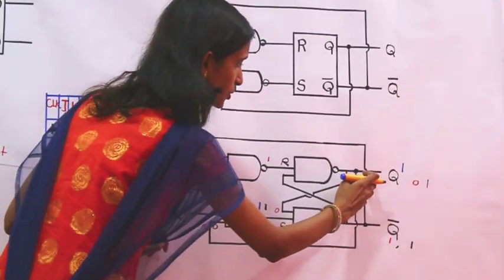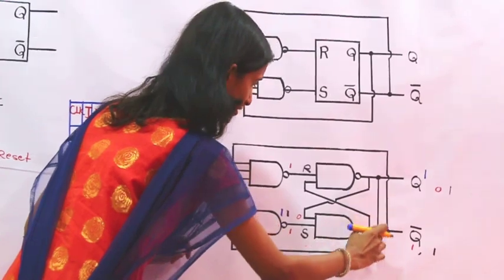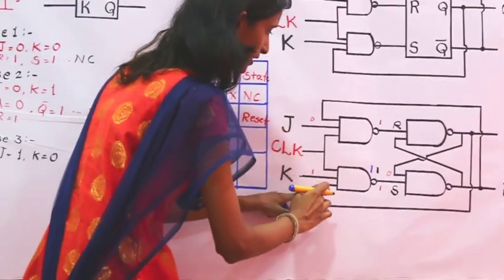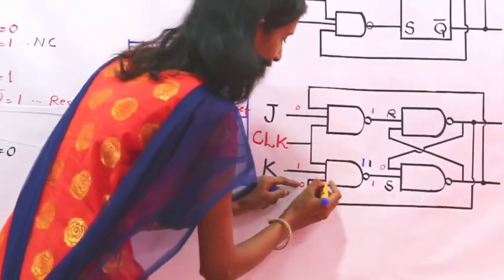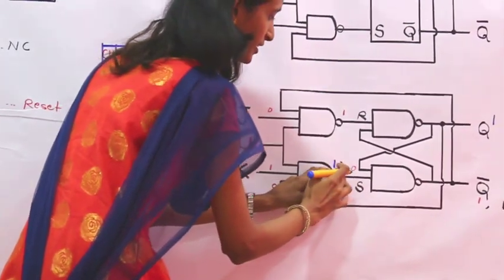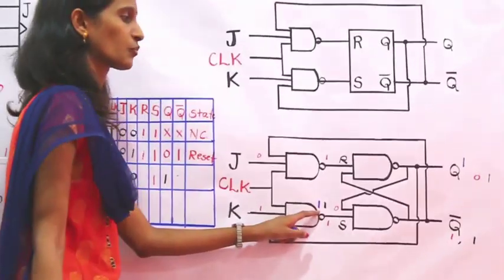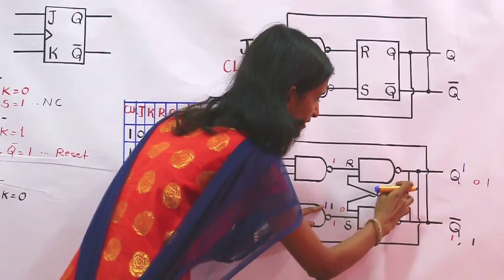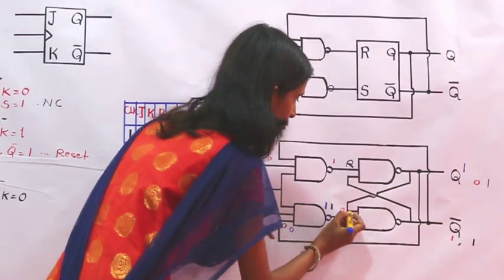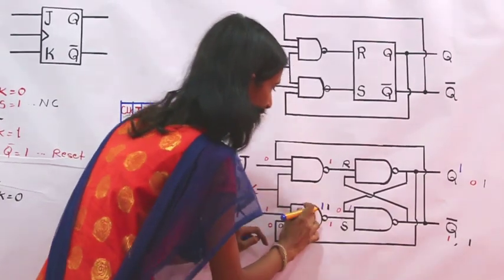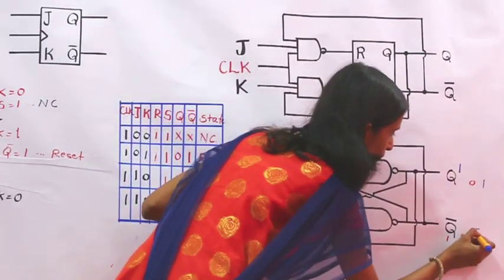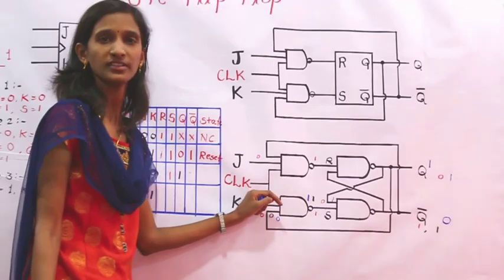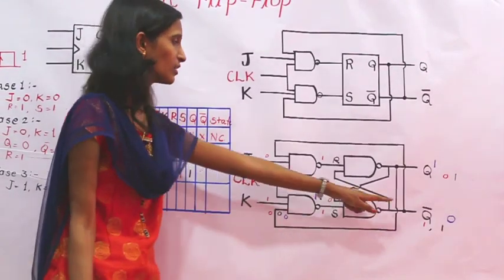So if this Q is 1, you can see this is connected with this NAND gate, I'll get here 1. And this Q is again connected here to this NAND gate. So this is 1. 1 and 1, I'll get Q bar as a 0. For a NAND gate, 1 and 1 output is 0.